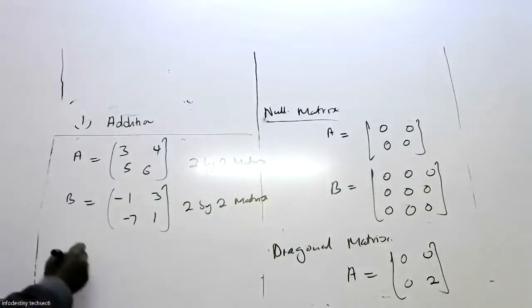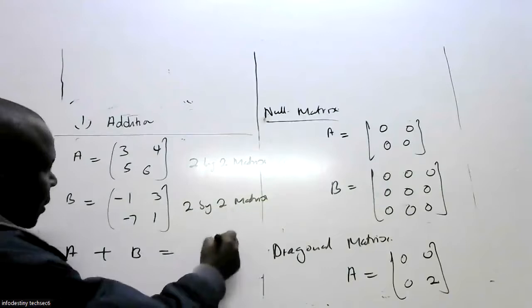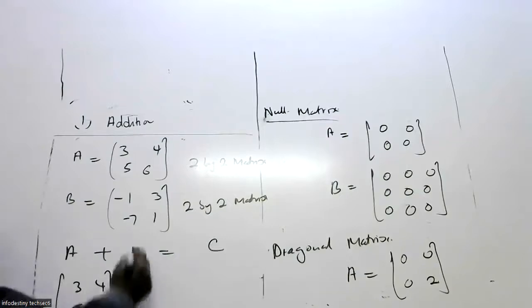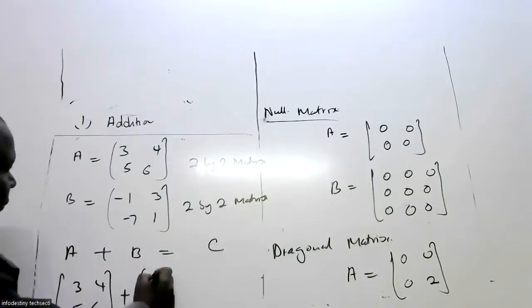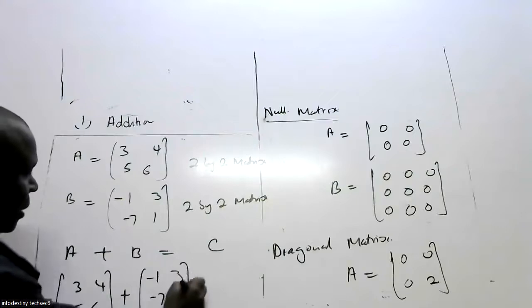So we are going to say that A plus B equals C. That's going to be 3, 4, 5, 6 plus -1, 3, -7, 1. What will that give us?